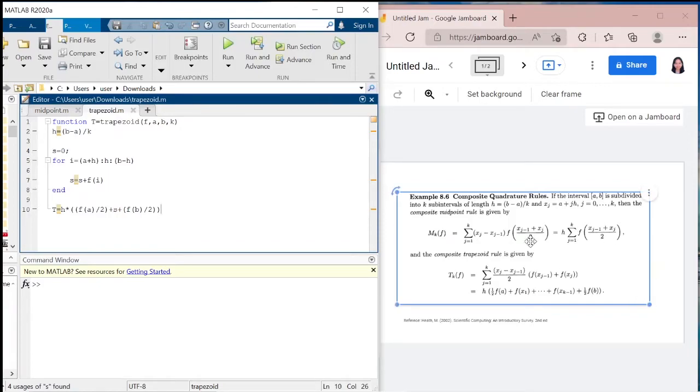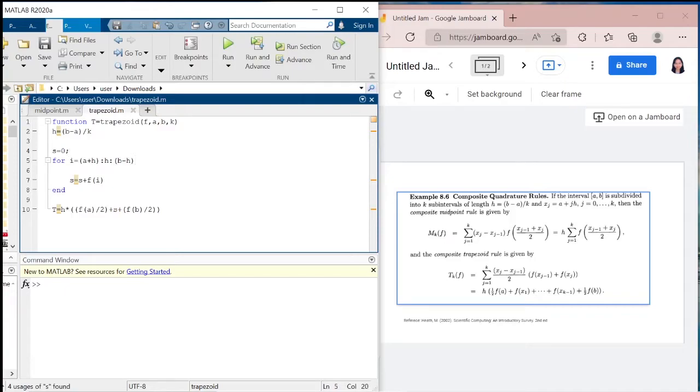Let us again refer to the formula used here. The first line of the code is for the inputs, and H is equated again to quantity B minus A over K. Then we have another summation here, initialized to 0.